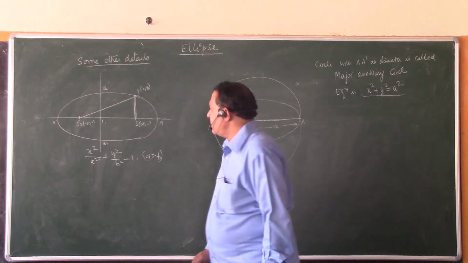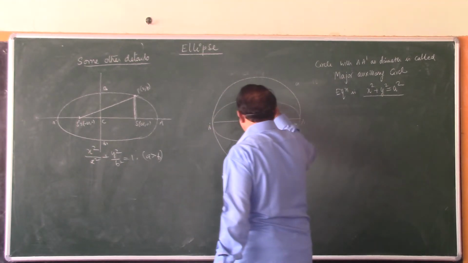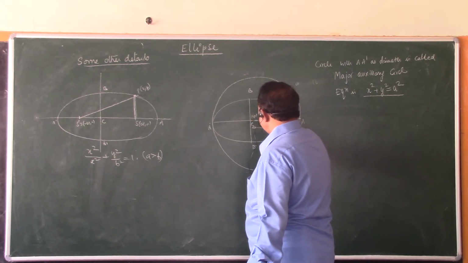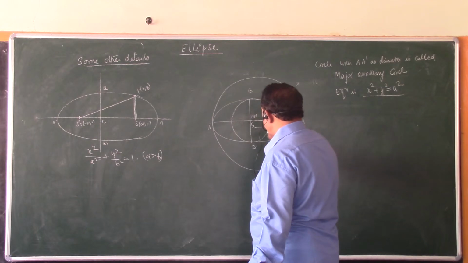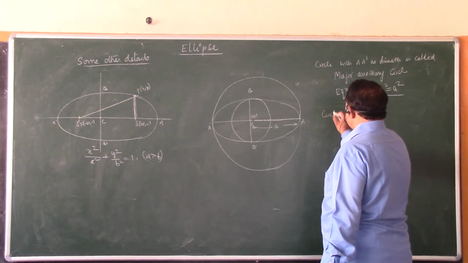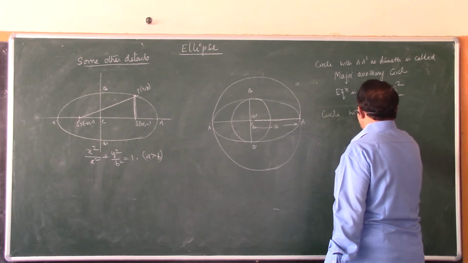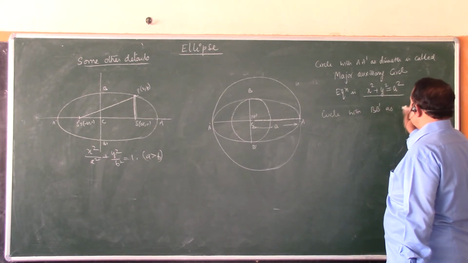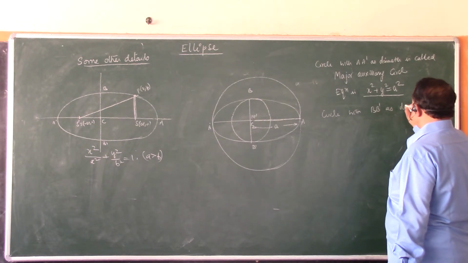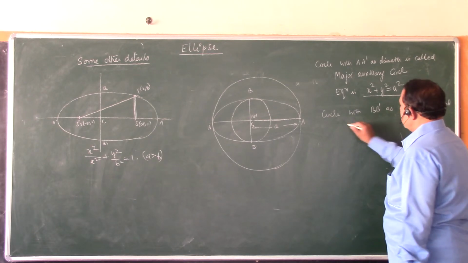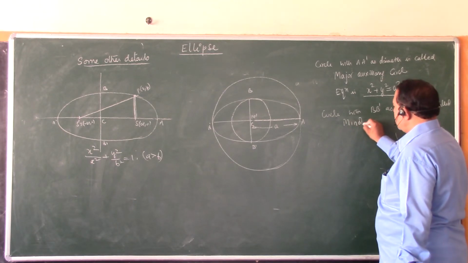Understood? Now similarly, if you describe a circle by taking CB as the radius or BB dash as the diameter, then you get a circle like this inside the ellipse. Now the circle with BB dash as diameter is called, what is this circle called?